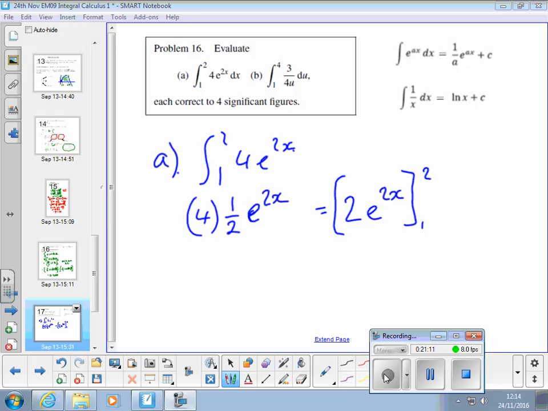Yeah. So it equals 2 times e to the 4 minus 2 times e to the 2.